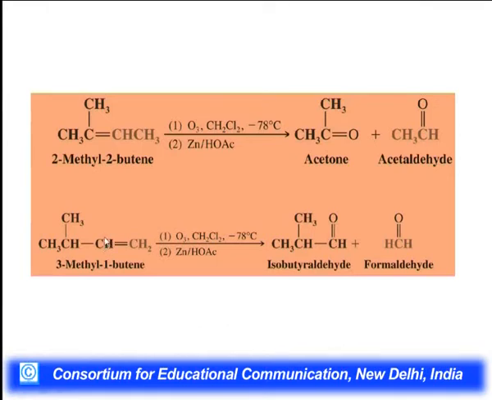Whereas if I look into the second part of this, the second fragment, then what we find is that this is a monosubstituted carbon. That is, on one side it is attached to hydrogen, and the second group present here is this alkyl group, which is your isopropyl group.